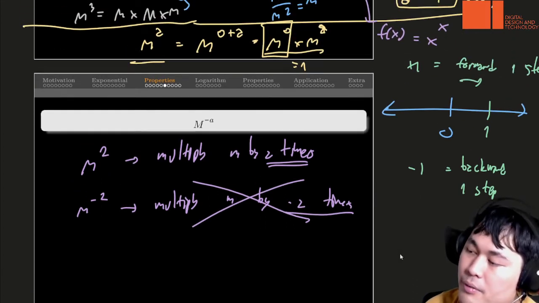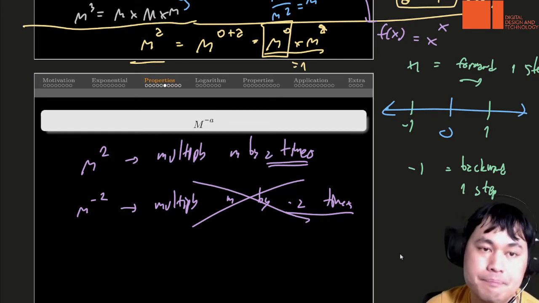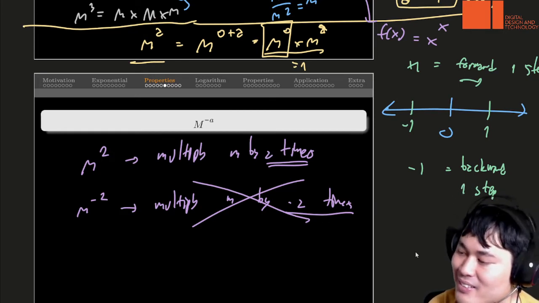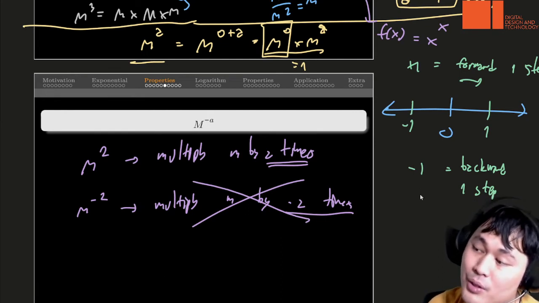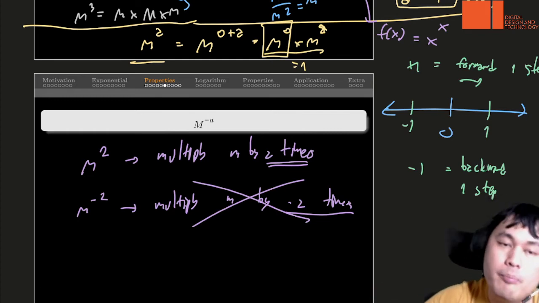You start from 0 and then you go backward 1 step, so you end up at this point. So what you reverse is not the number. You cannot do something to a negative number. But what you can do is reverse the operation. Instead of moving forward, you move backward instead.